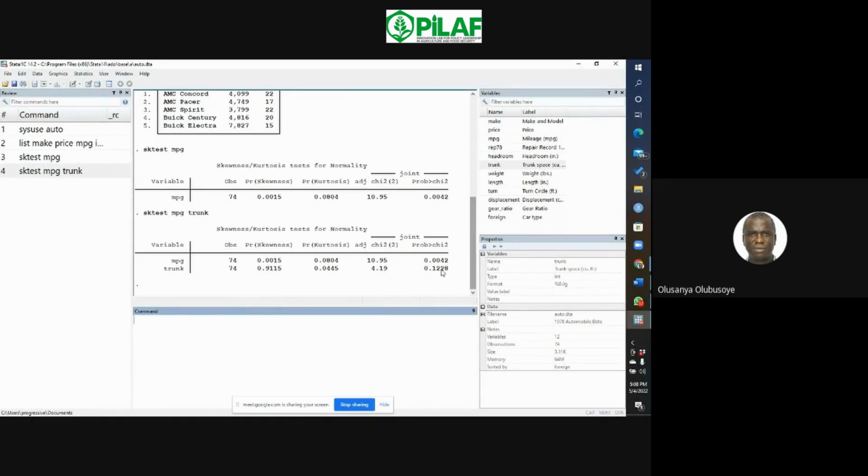And so we can conclude that trunk is normally distributed, whereas MPG is not normally distributed. So you must always know what your null hypothesis is. When you know your null hypothesis, that is the hypothesis you are either accepting or rejecting.